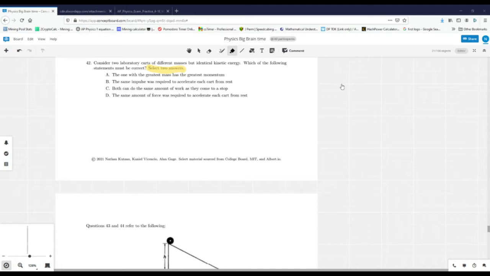Again, once you think you have the 2 answer choices for 42, if you haven't taken the test, put it in AP homework helpers or message it to me so that I know that you've done it.